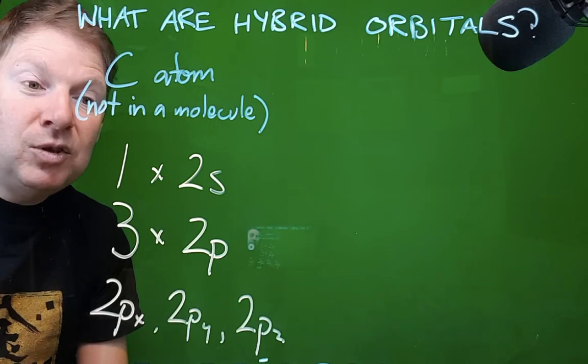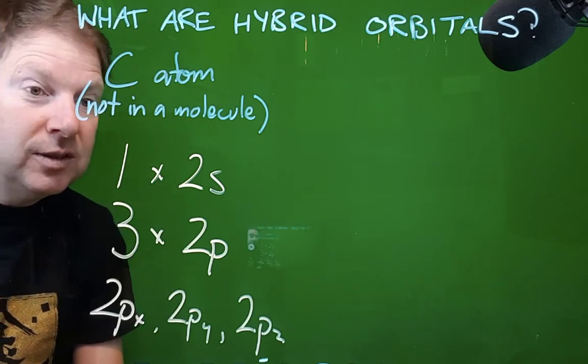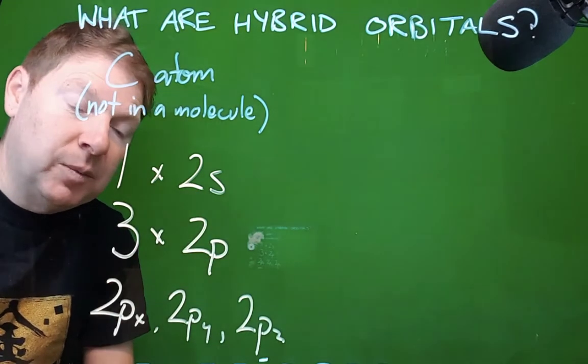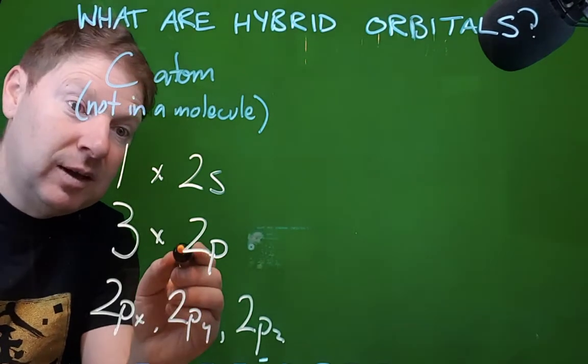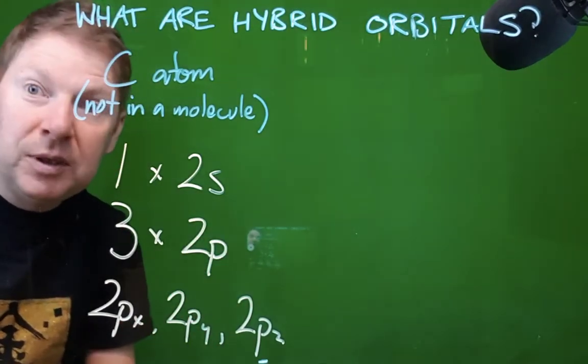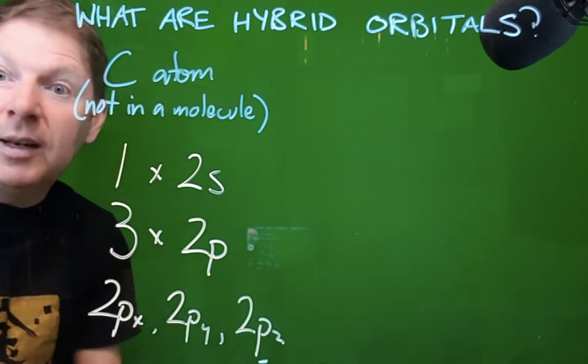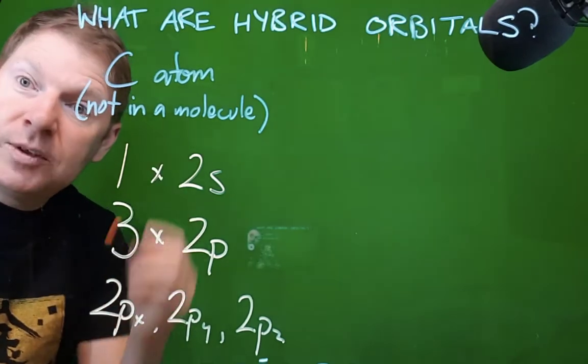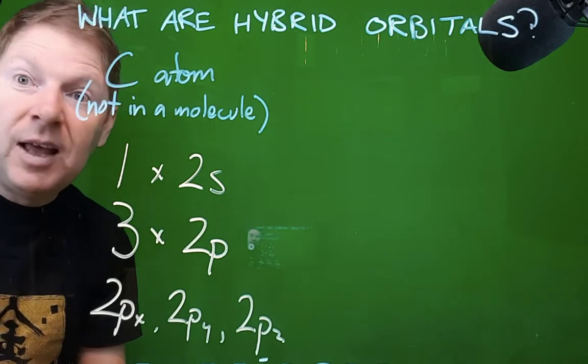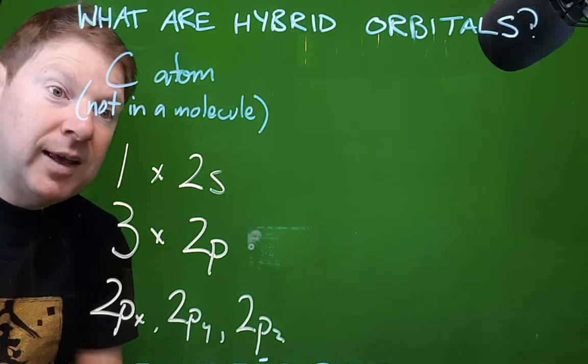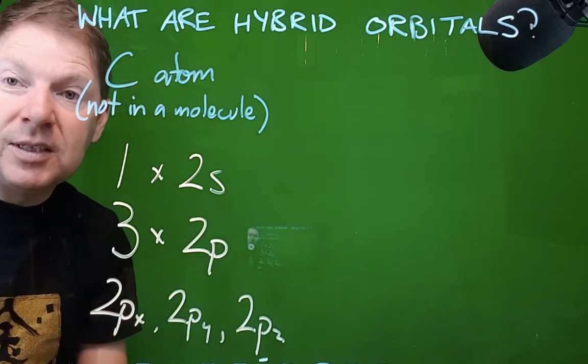Or perhaps you could do it in different combinations. You could take one of these 2s atomic orbitals and hybridize it together with 2 of these 2p atomic orbitals. Because it's an s, a p, and a p, we call that sp2, where the 2 is superscript. There's another possibility. We could get all 4 of these things hybridizing together.